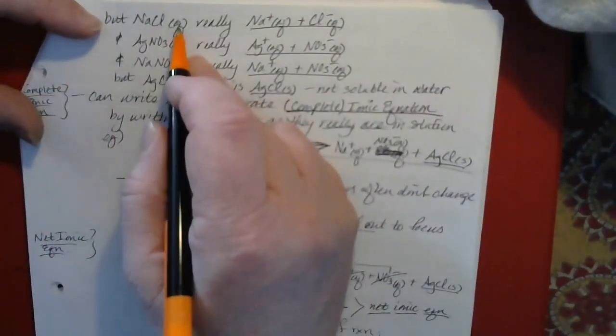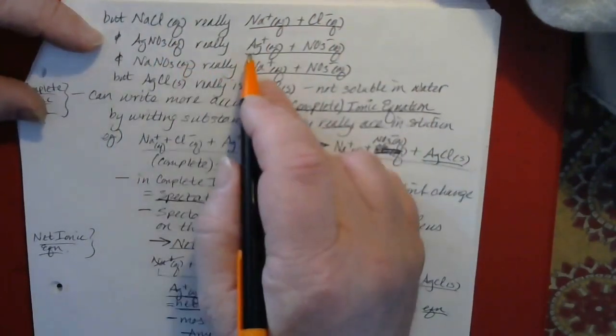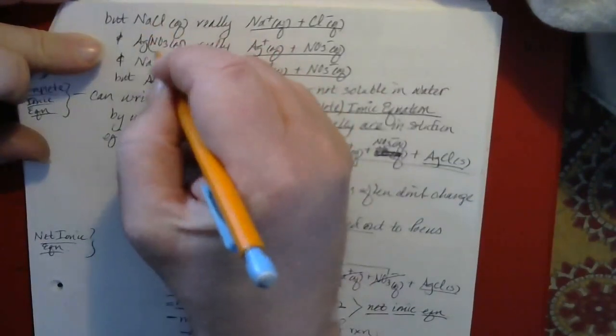But as I said before, NaCl dissolved in water is really present as Na+ and Cl- ions, two separate ions. Silver nitrate is really going to be present as Ag+ and NO3-. And here's where it's really valuable to be able to recognize polyatomic ions when you see them. The NO3 ion itself will come apart from the silver because that's an ionic bond between the silver and the nitrate ion.